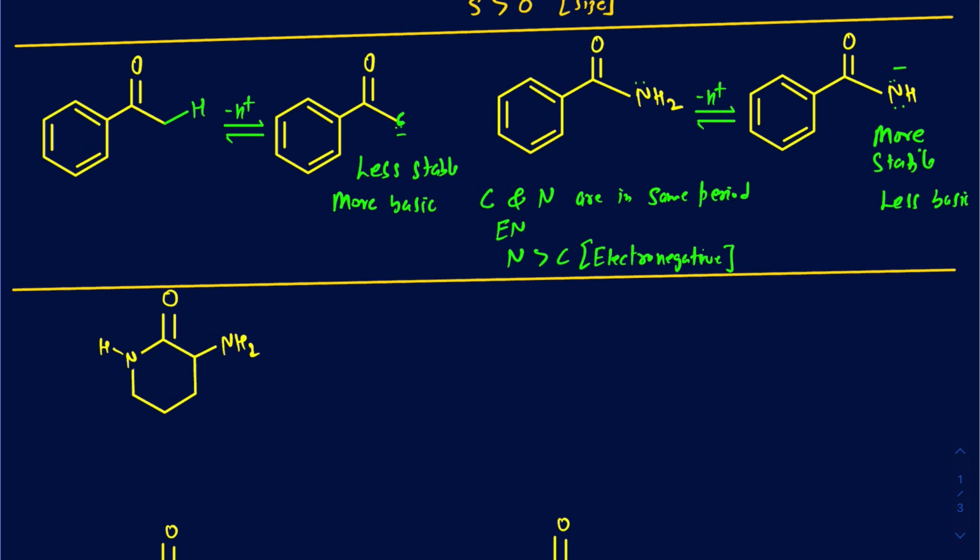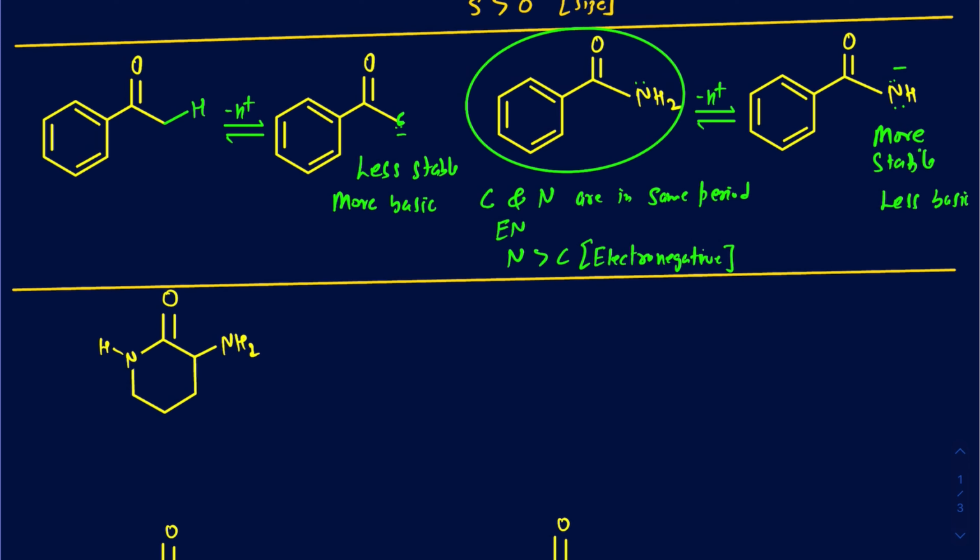And like I've said, once you figure out which is the more stable conjugate base, then the acid of that stable conjugate base is going to be more acidic. So at the end of the day, it's going to be this guy that's more stable, more acidic rather, the one on the right side.